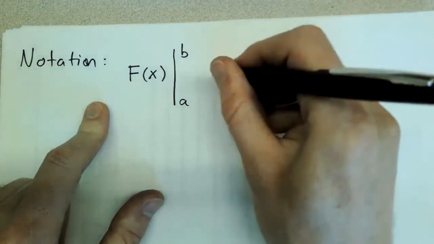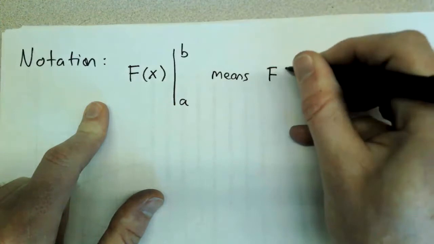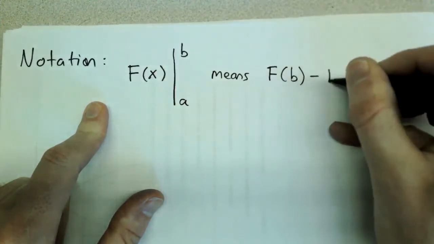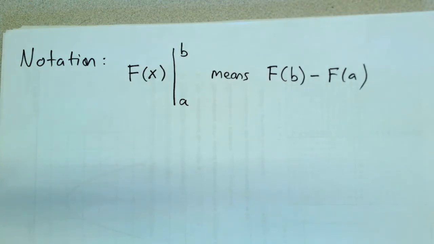This notation means capital F of B minus capital F of A. This bar is really a notation that you might have seen in your physics class, but it really just means evaluate.